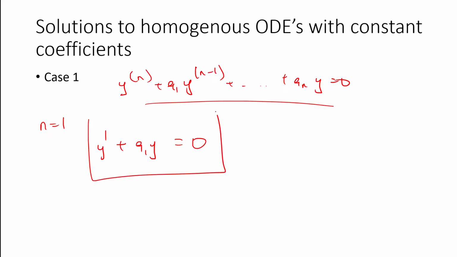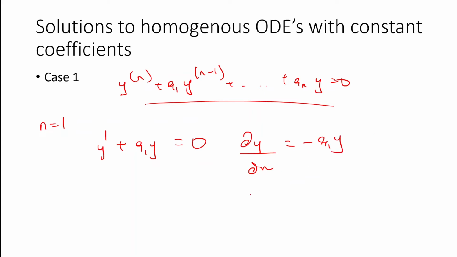Now this is a very simple one. We've already solved this. y prime plus a1 y equal to 0 means dy by dx is equal to minus a1 y. Take y to the bottom, log y is equal to minus a1 x, and y is equal to e to the power minus a1 x.